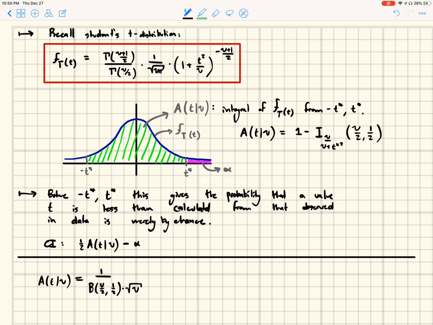And the beta function I'll define later, but it's related to the gamma function, essentially.